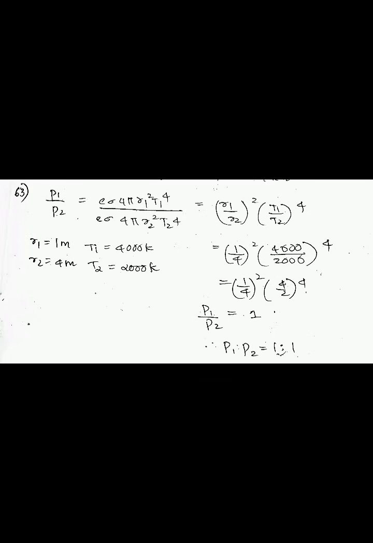That is equal to R1 by R2 whole squared into T1 by T2 the whole raised to 4. Here R1 is equal to 1 meter, T1 is equal to 4000 Kelvin, R2 is equal to 4 meter, T2 is equal to 2000 Kelvin. So this is equal to 1 by 4 the whole square into 4000 divided by 2000 the whole raised to 4. That is equal to 1 by 4 the whole square into 4 by 2 the whole raised to 4. That is P1 by P2 is equal to 1. So P1 is to P2 is equal to 1 is to 1.